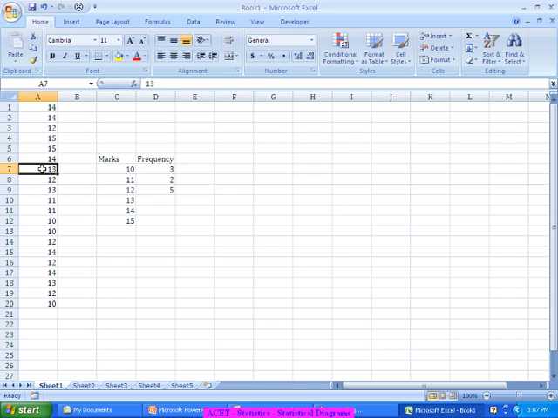13, 1, 2, 3 got 13. And what about 14? 1, 2, 3, 4, 5 got 14.